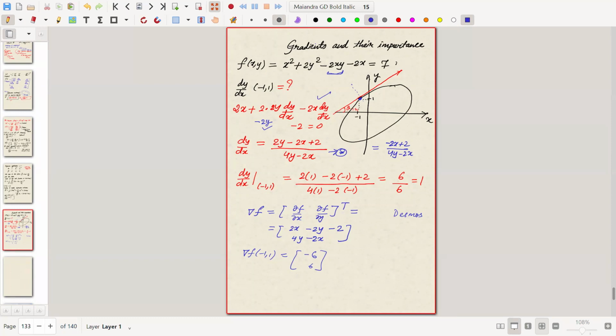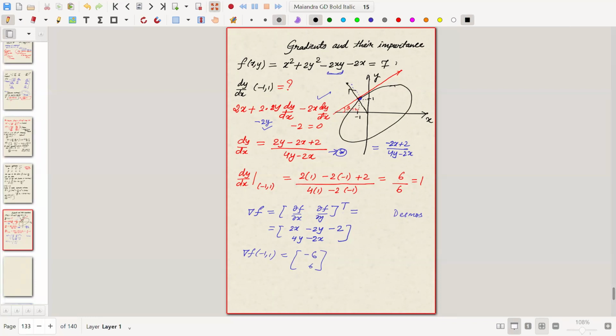Minus 1, 1 is here, so similarly it will be scaled 6 times. Minus 6, 6 will lie somewhere here, a black dot. The main point is that this vector will pass through the origin like this, and the direction is this.